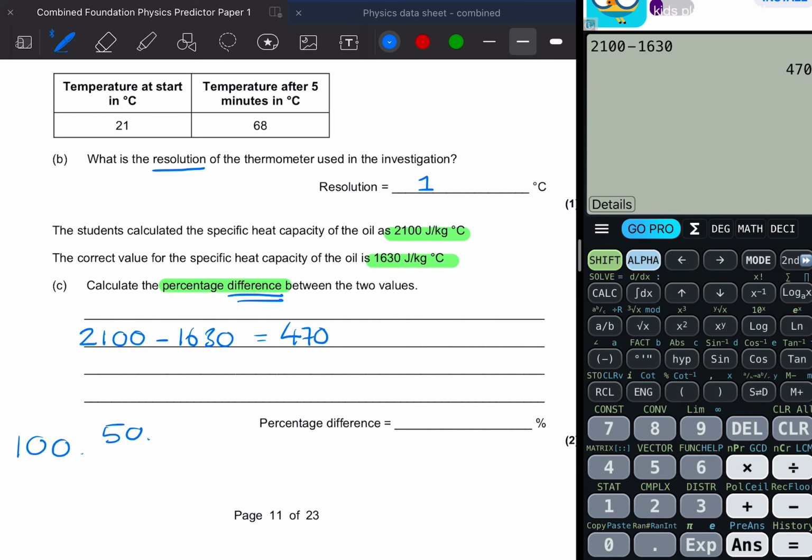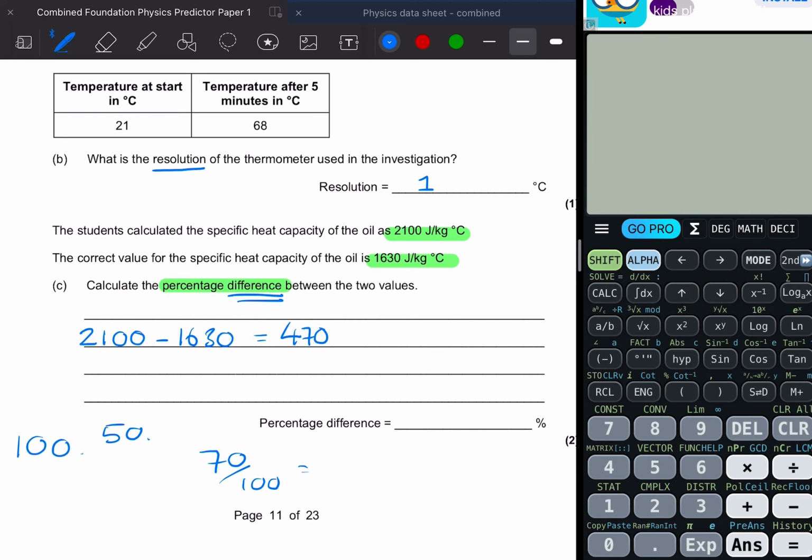So for instance, if I got 50 marks out of 100, I get 0.5, times that by 100, which gives me 50%. If I got 70 marks out of 100, I'm going to get 70%, so I do 70 divided by what I could have got, 0.7, times that by 100 is 70%.